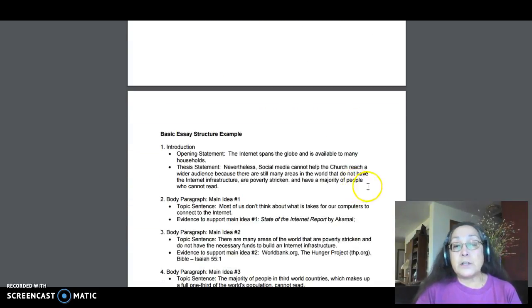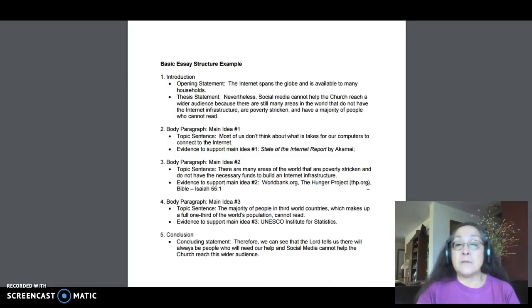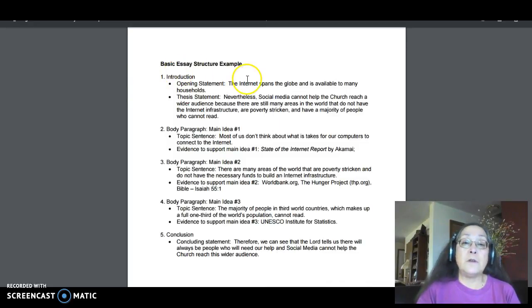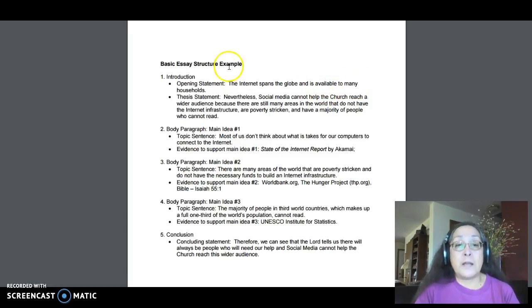Now on page 2 of this document, we also give you an example of how this paper should be written. Okay, so we have an introduction and opening statement. The internet spans the globe and is available to many households.